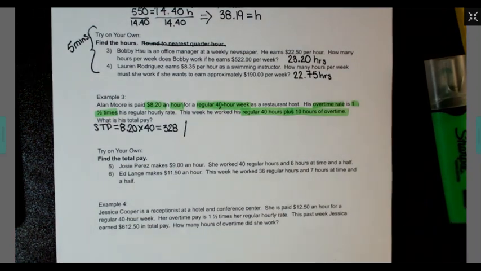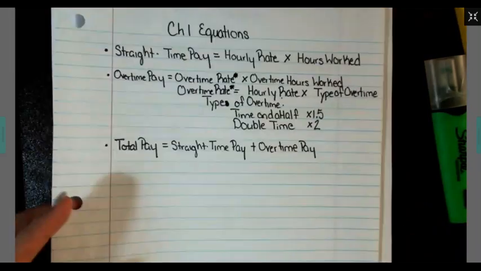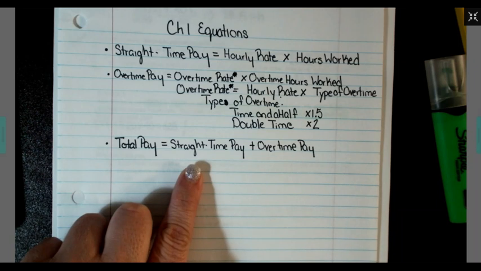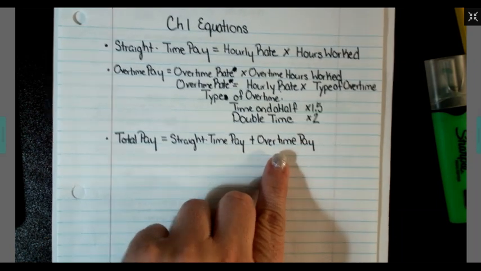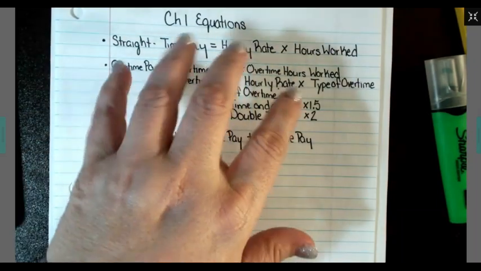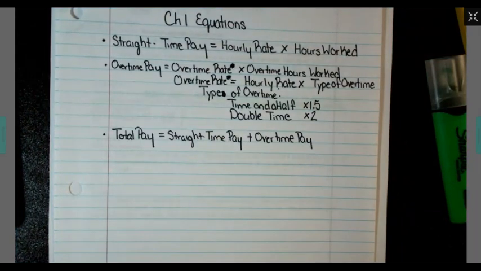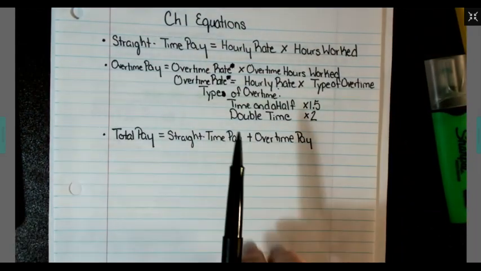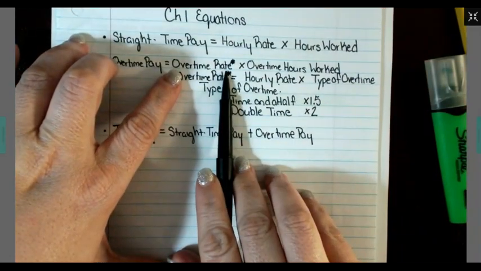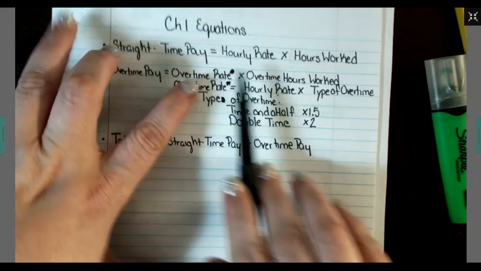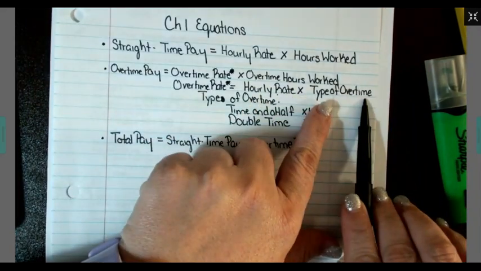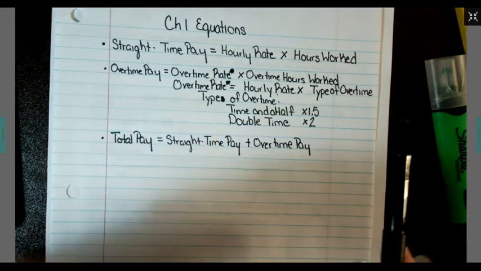All right. Now, I've got this. Check. Don't have this. I've got to work through all of this somehow, okay? So let's take it piece by piece. We have to find our overtime rate, but in order to find our overtime rate, we have to have our hourly rate and our type of overtime. Well, I know my hourly rate.